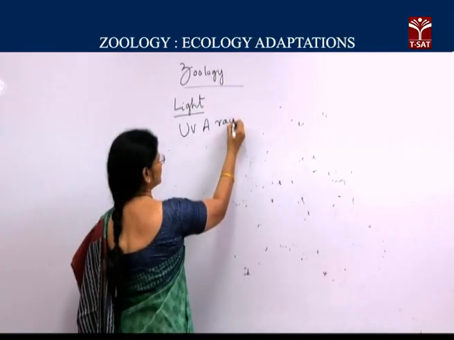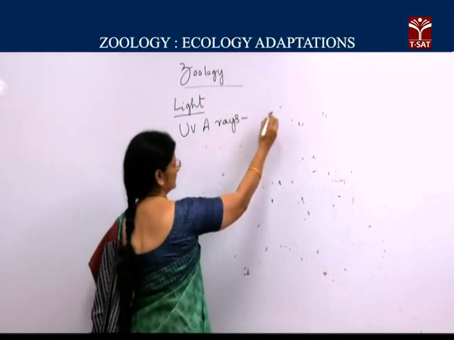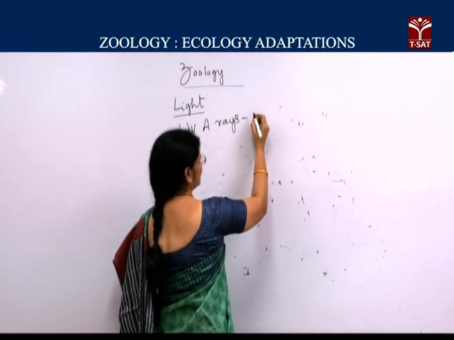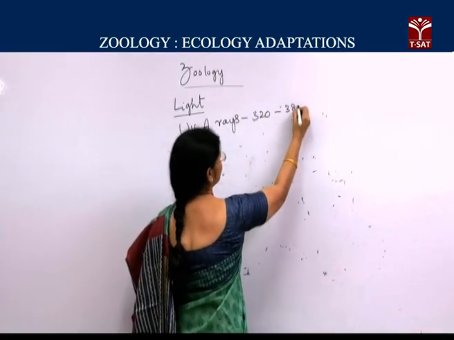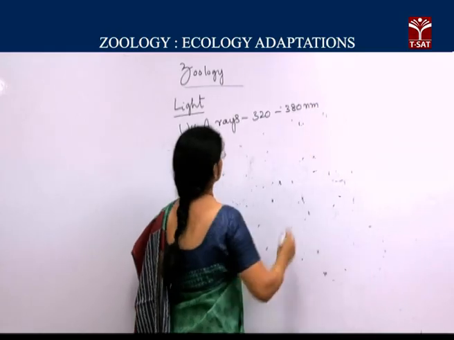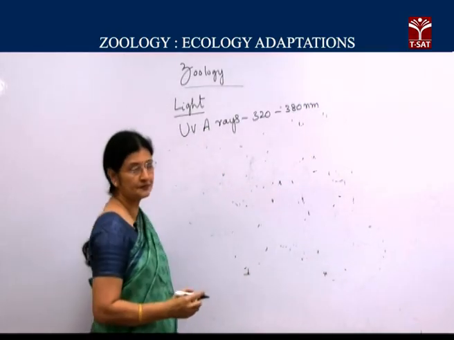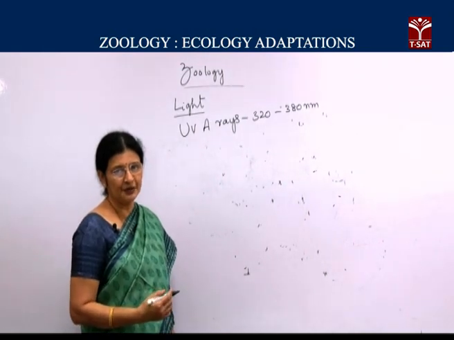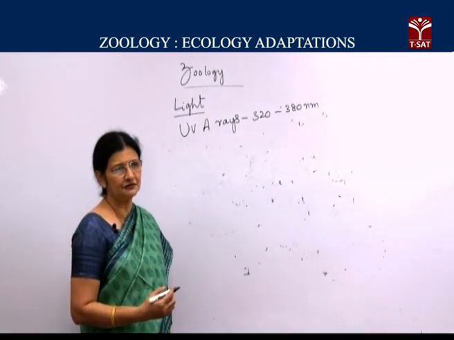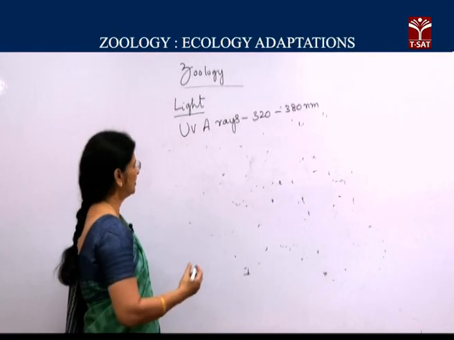UVA rays, the wavelength of UV rays is 320 to 380 nanometers. These are harmless and these are actually helping in synthesis of vitamin D in the skin.